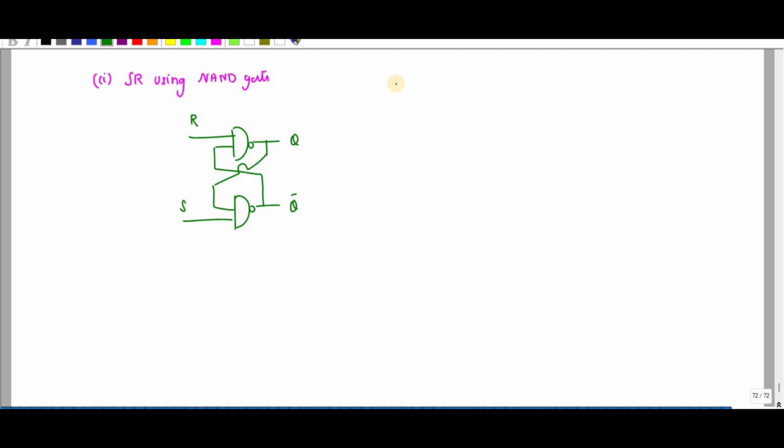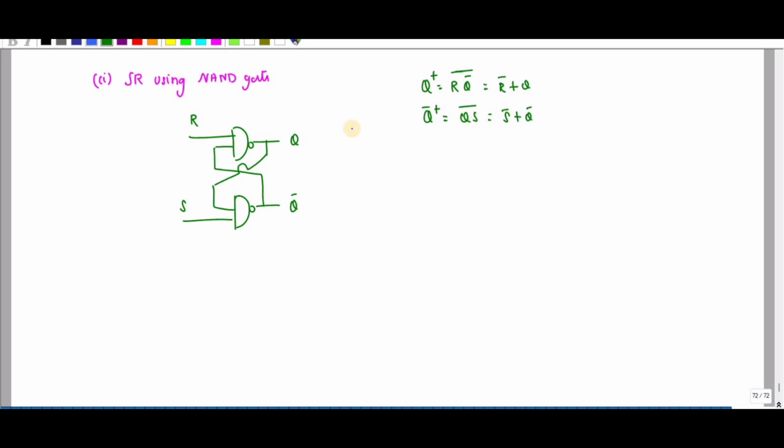So now let me take what is q. Q is equal to R into q bar, the whole bar. You can keep it like this itself. What is q bar? Q bar is equal to, that is q plus now, equal to q into s, the whole bar. So if you want, you can write it like this.